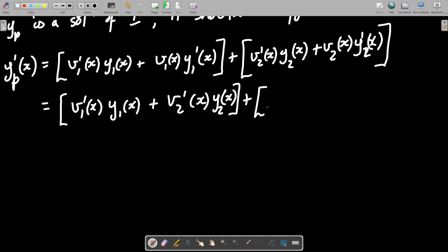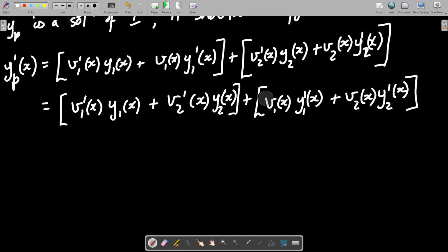This will collect the terms here. This will be v1 of x into y1 prime of x plus v2 of x into y2 prime of x. So this is what we get here as yp prime of x.